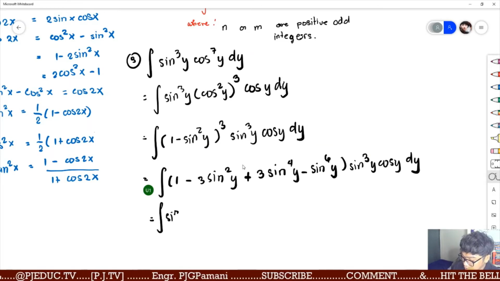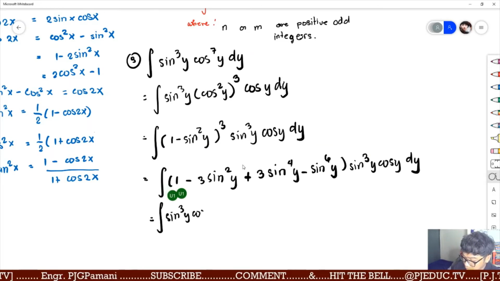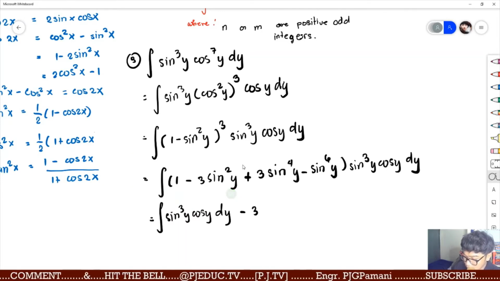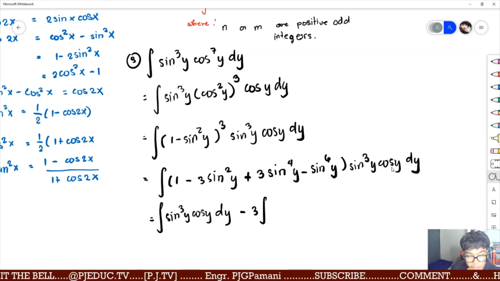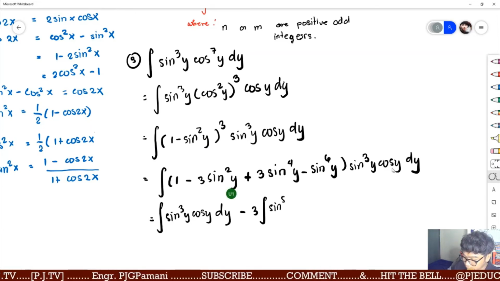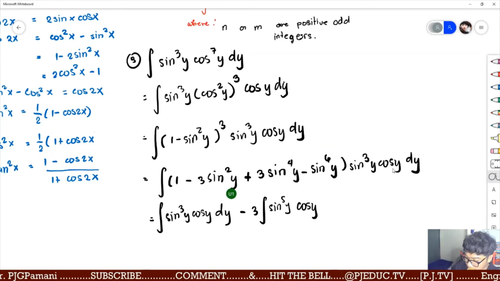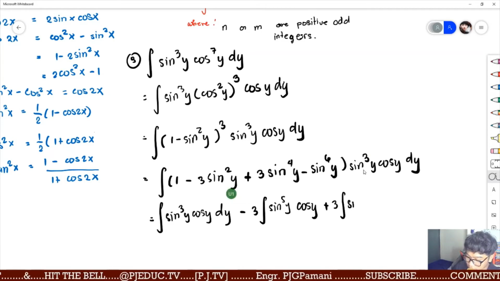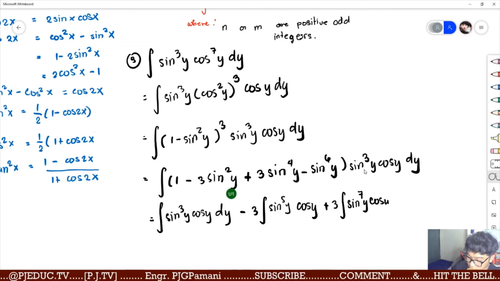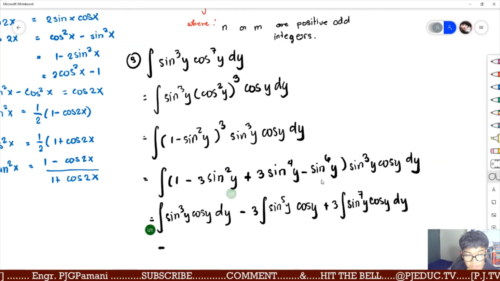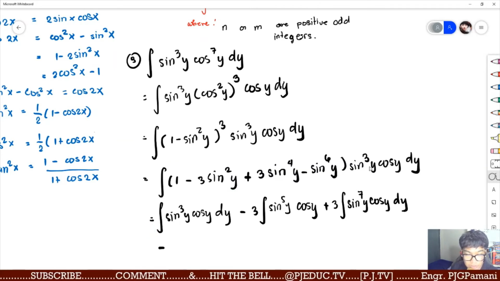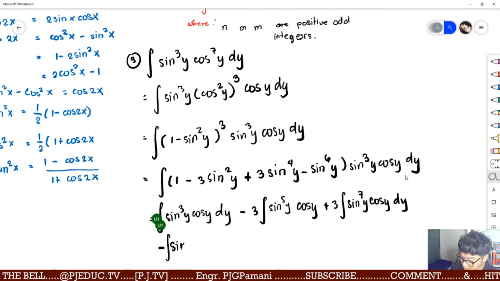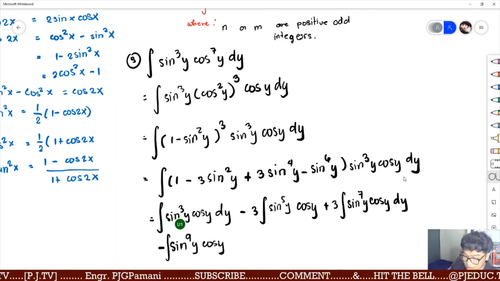That is sine cube y cosine y dy minus 3 integral sine squared times sine cube y cosine y, that is sine raised to the 5th y cosine y, plus 3 sine to the 4th times sine to the 3rd, that is sine raised to the 7th y cosine y dy, minus sine raised to the 6th and sine raised to the 3rd cosine y. So sine raised to the 9th y cosine y dy.